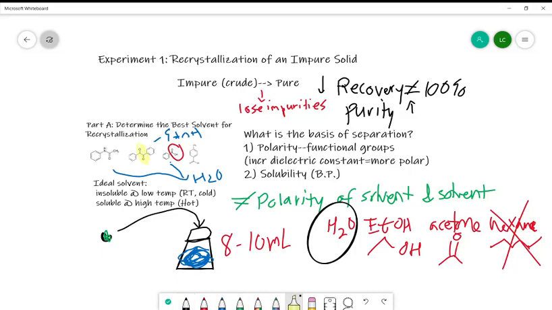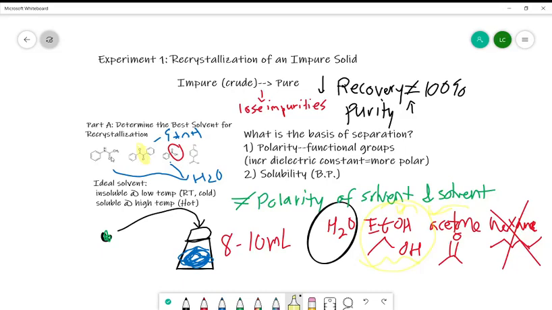In the case of, let's say, benzyl, why is it ethanol? This is a ketone. It kind of matches the polarity of acetone. It looks similar because they're both ketones. So I'm going to go one up and use ethanol, because we don't want a perfect match in polarity, so you don't want to use acetone. So you use ethanol for benzyl. With acetanilide, that's an amide.